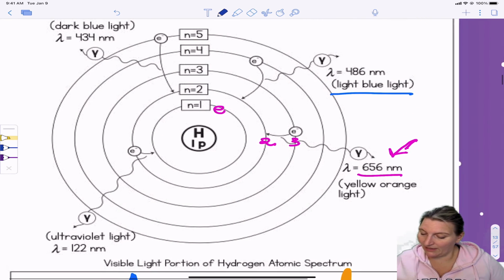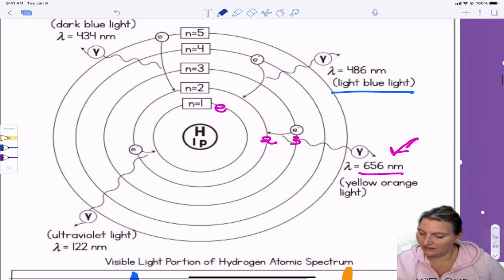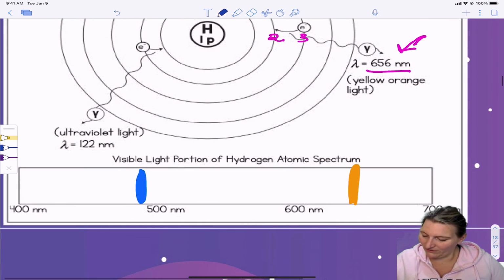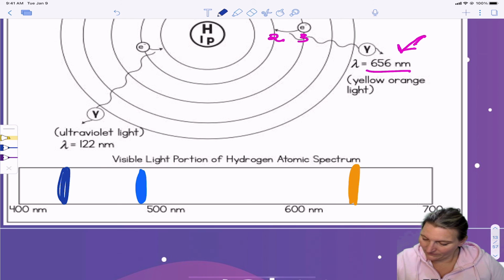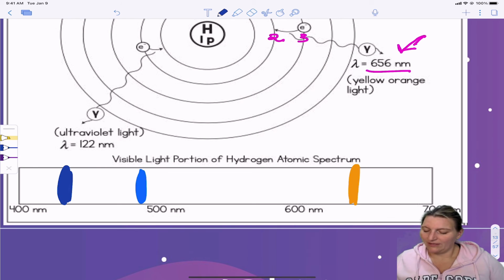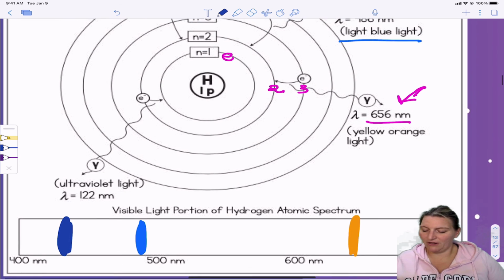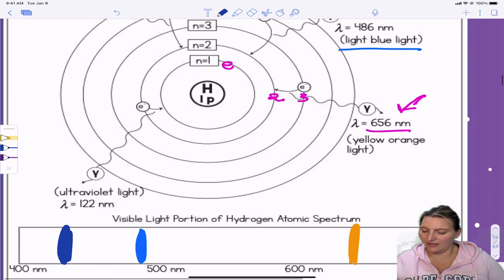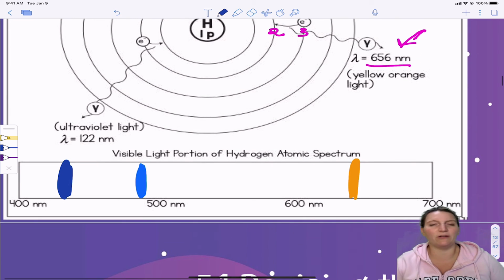And that's at 434. Now, the last one up here, the ultraviolet, you can see that's at 122 nanometers. We can't see that with our eyes. That's not in the visible spectrum. So this is the visible light portion of hydrogen.